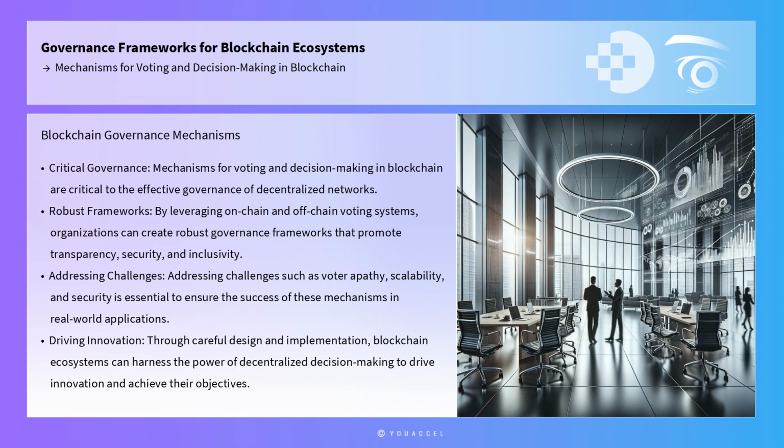Addressing challenges such as voter apathy, scalability, and security is essential to ensure the success of these mechanisms in real-world applications. Through careful design and implementation, blockchain ecosystems can harness the power of decentralized decision-making to drive innovation and achieve their objectives.